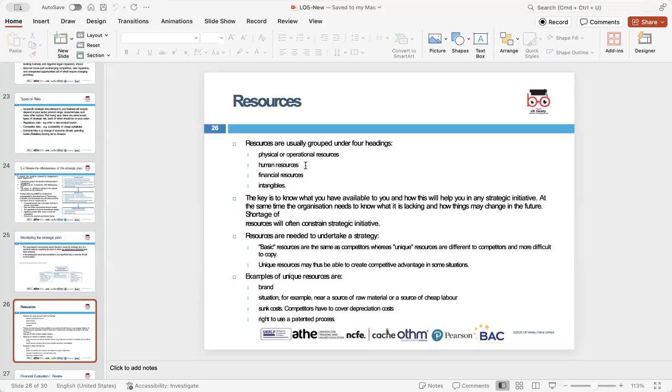It is important to understand the available resources and how they contribute to strategic goals. Equally important is recognizing resource shortages, as these can limit the success of a strategic initiative. An organization must evaluate how its resources might evolve in the future and plan accordingly.